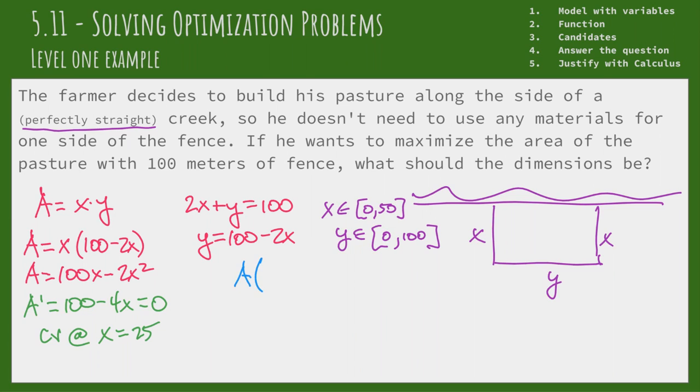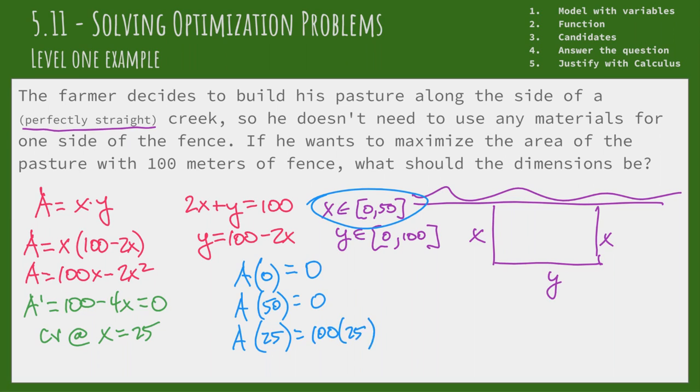So I'm going to plug all of our critical values in. Since A is in terms of x, I'm looking at this domain here. So A of 0, A of 50, and A of 25. If we plug 0 into the area function, we get 0. If we plug 50 into the area function, we get 0. If we plug 25 in, we get 100 times 25 minus 2 times 25 squared.